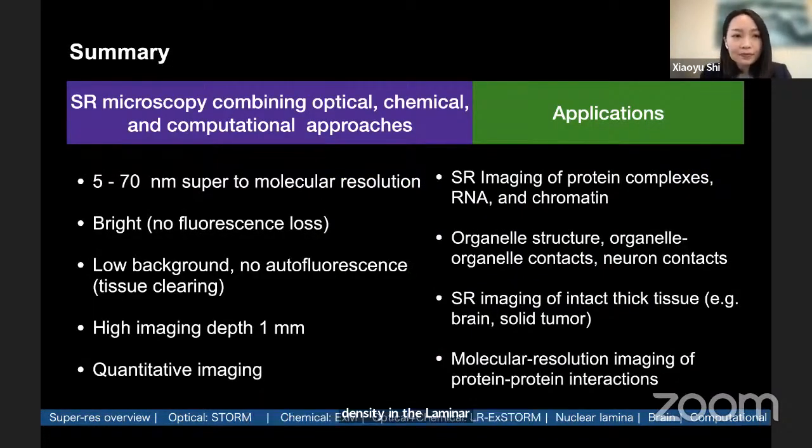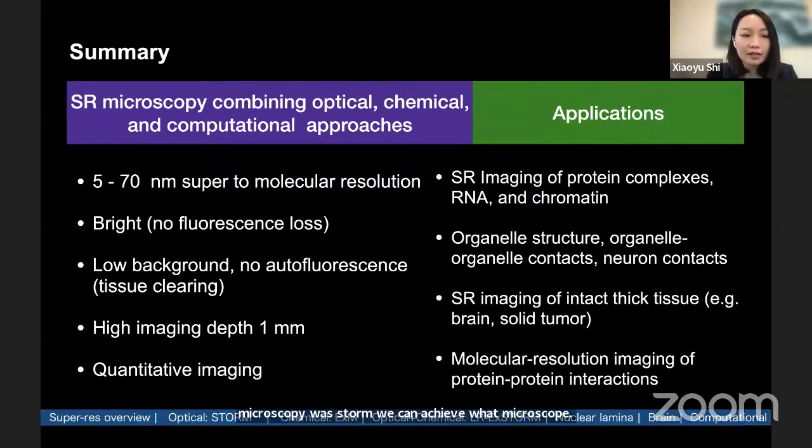To summarize, the advantages of combining the optical, chemical, and computational approaches, for example, LR expansion microscopy with STORM, are that we can achieve 5 to 70 nanometer, molecular resolution, depending on what microscope you put your enlarged sample on.